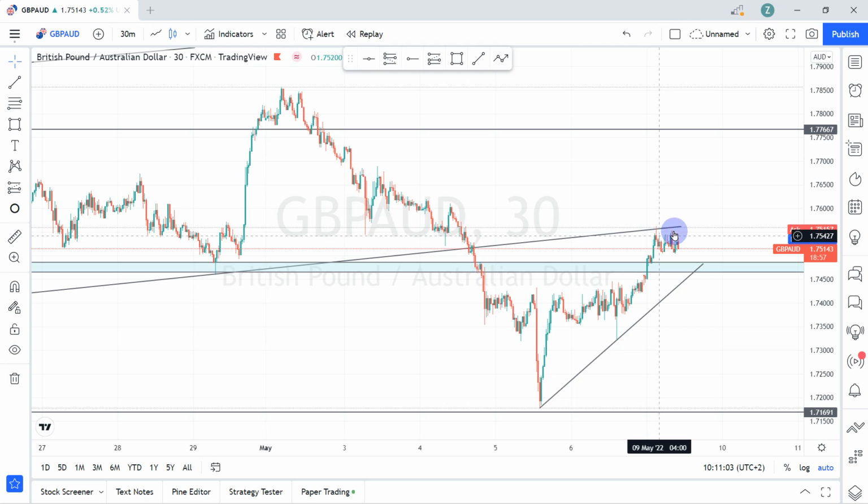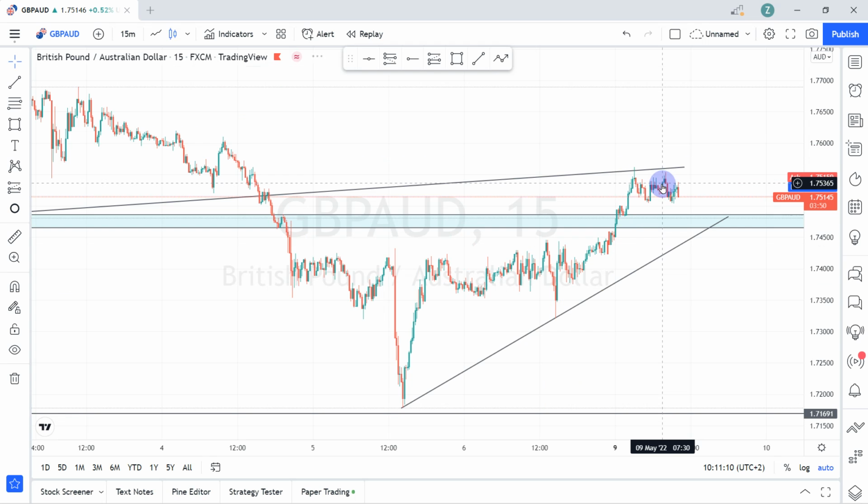So here, this is a small double bottom. A double top, as you can see, is a very small double bottom here.